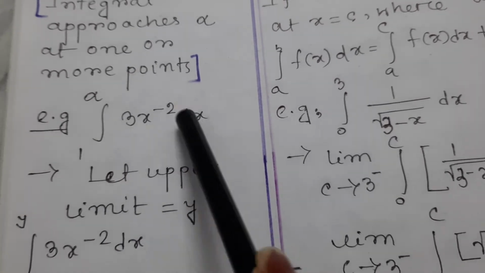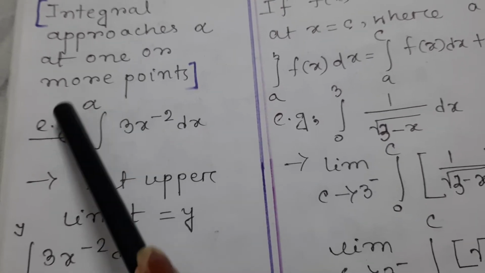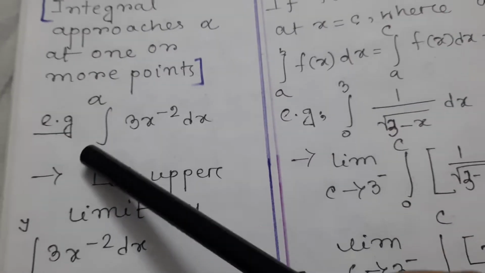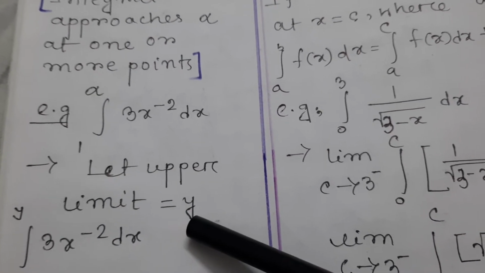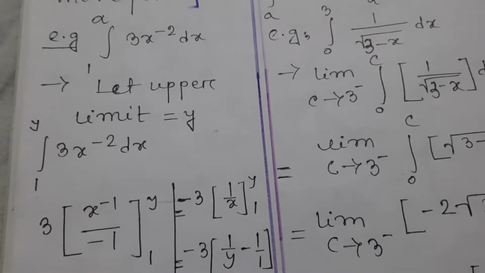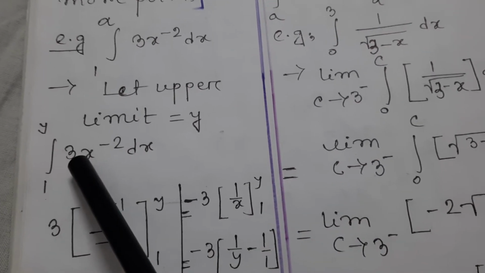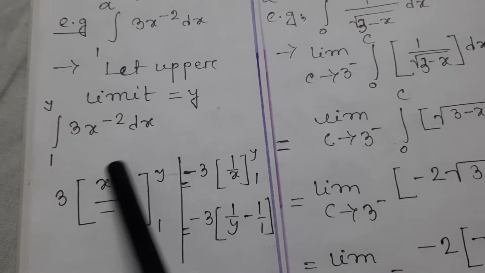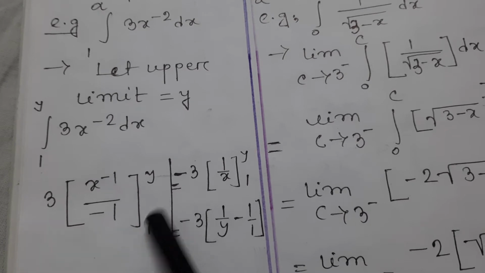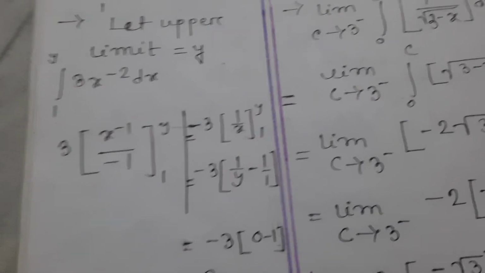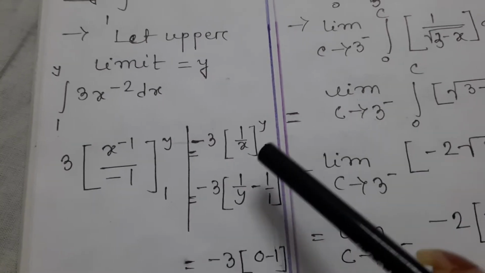So we have to replace the limit whose value is infinity by a variable. Let the upper limit be y. So that means the integration from 1 to y of 3x to the power minus 2 dx, just normal integration here. With limits 1 to y, that means minus 3 times 1 by x from 1 to y.